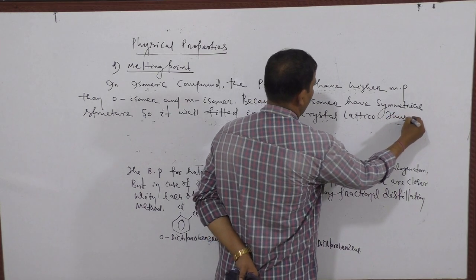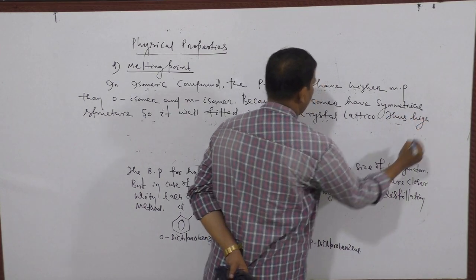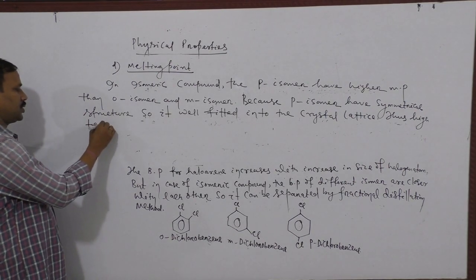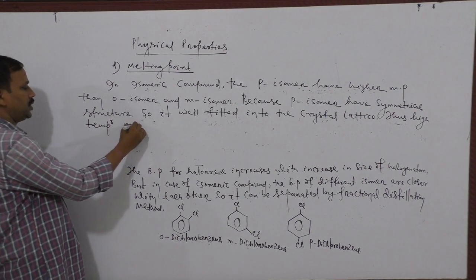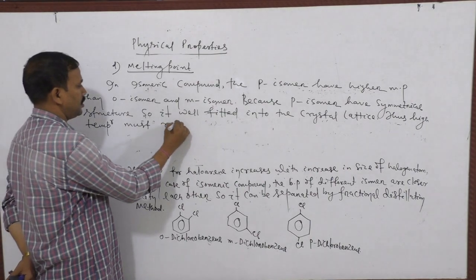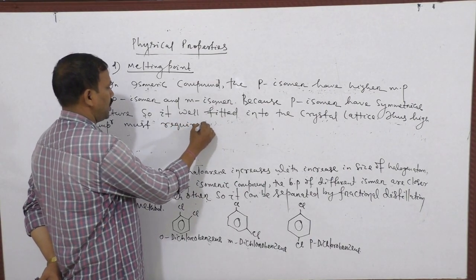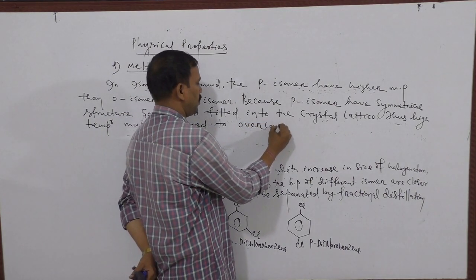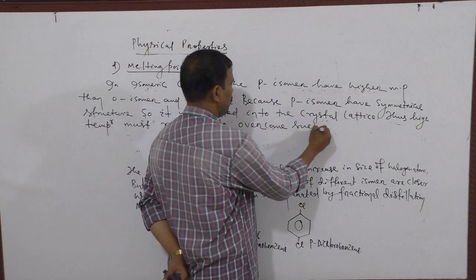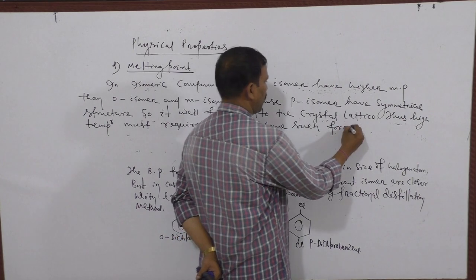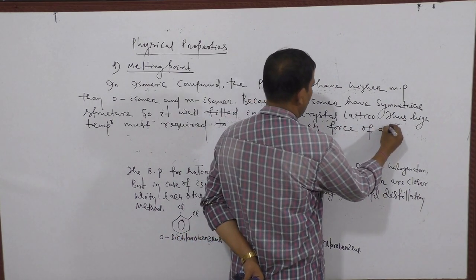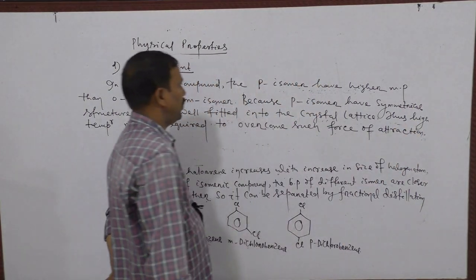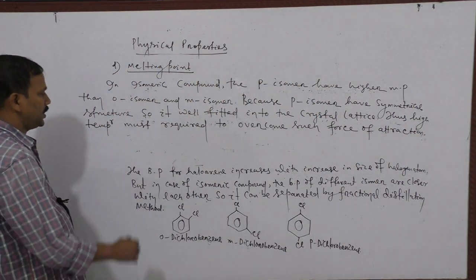Thus high temperature is most required to overcome such force of attraction. Therefore the melting point for para isomer is large.